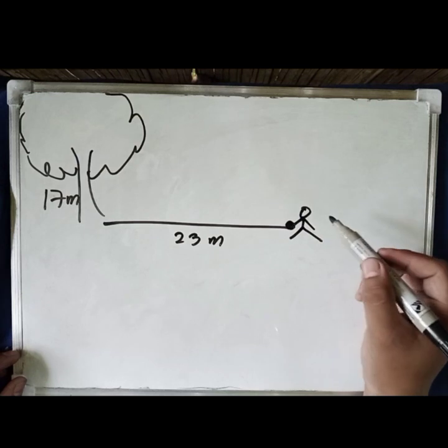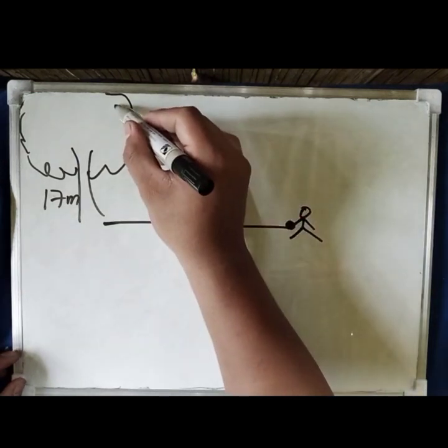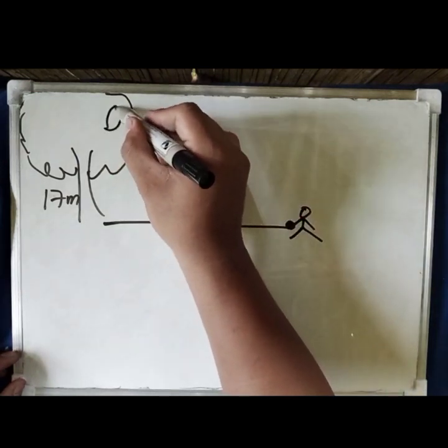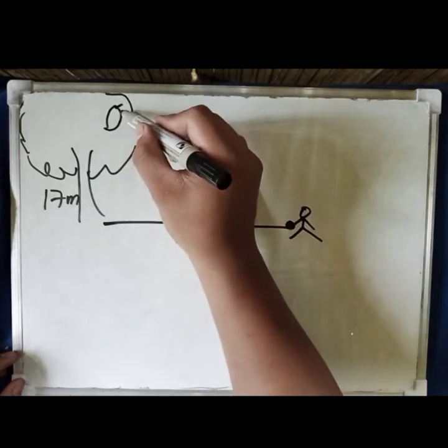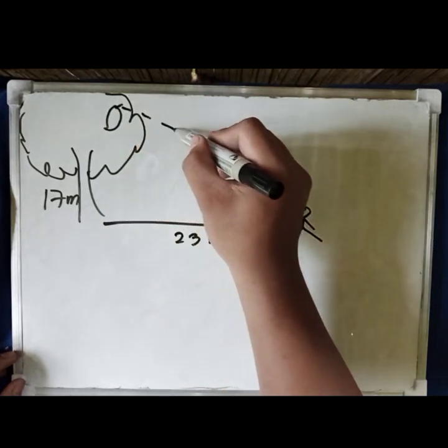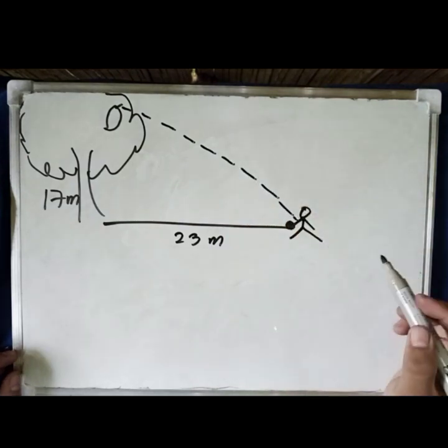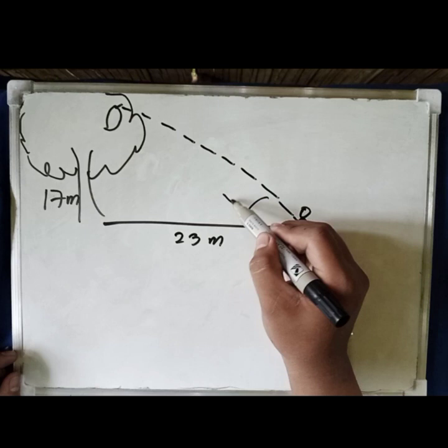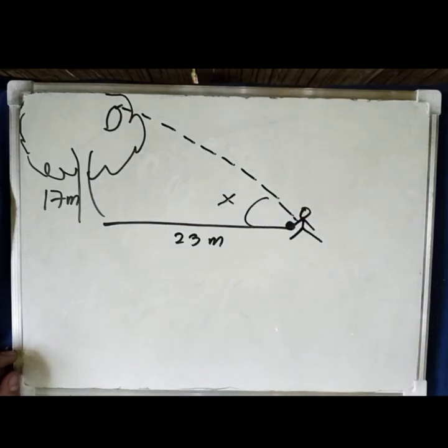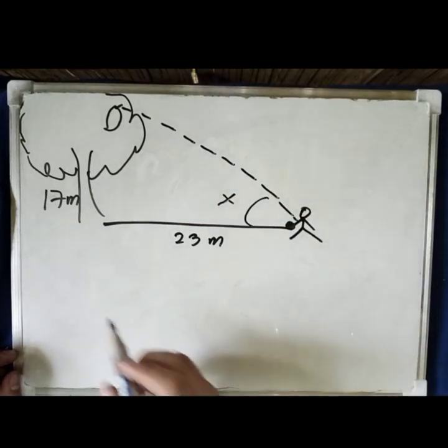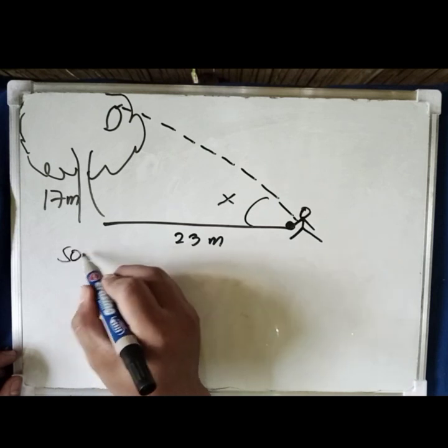That is the stone and then the mango. So let us connect them. As we can see here, the problem is, what will be the approximate value of the angle for us to hit the mango.